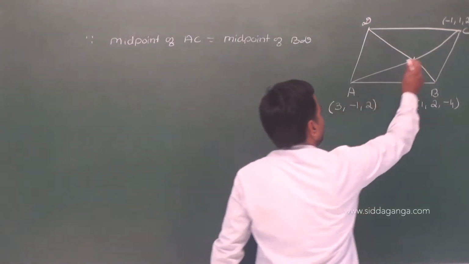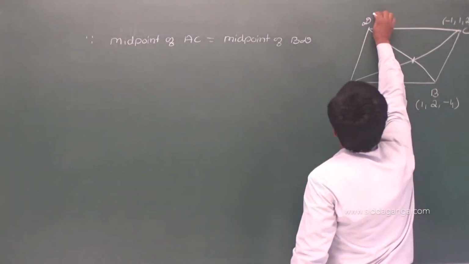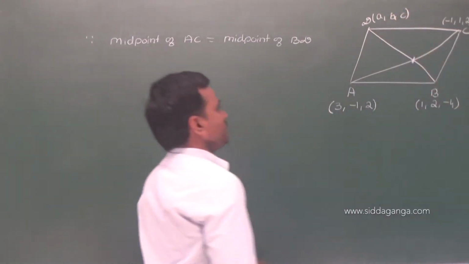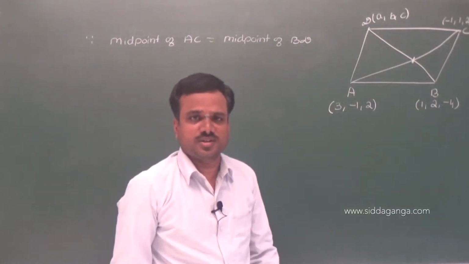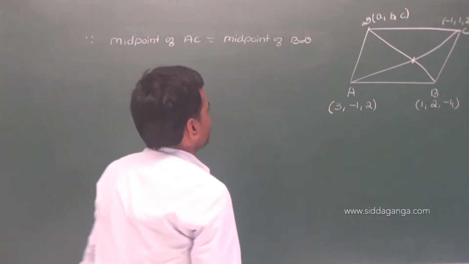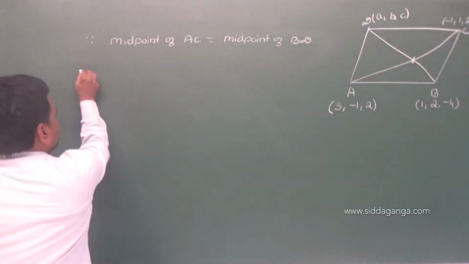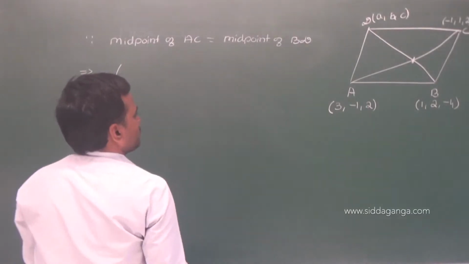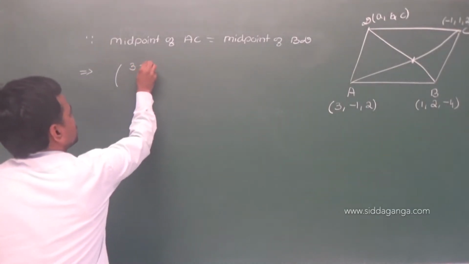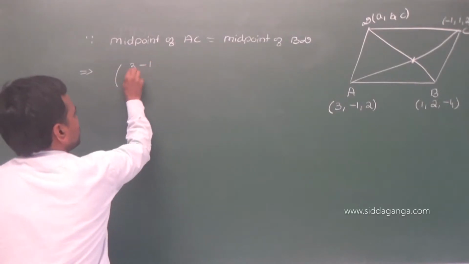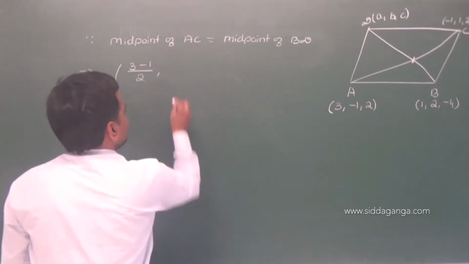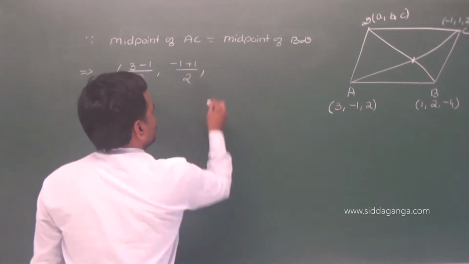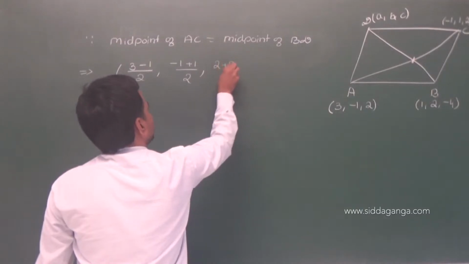So we write the fourth vertex as A, B, C. Midpoint of AC is x1 plus x2 by 2: 3 plus minus 1 divided by 2, comma, minus 1 plus 1 divided by 2, comma, 2 plus 2 divided by 2.